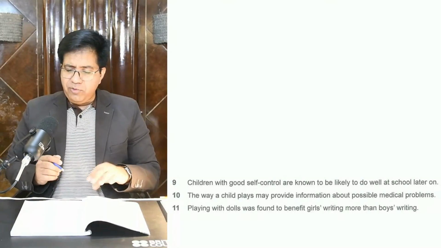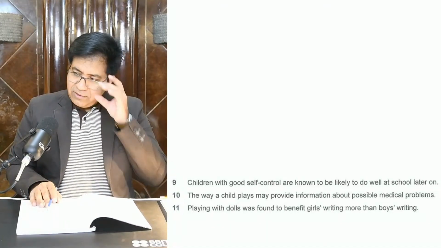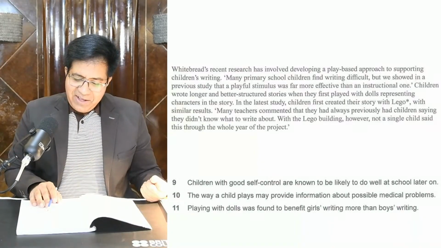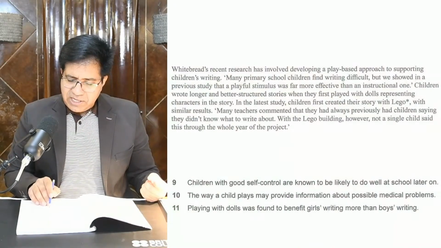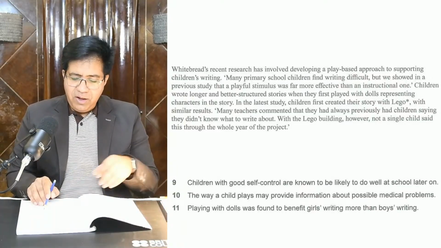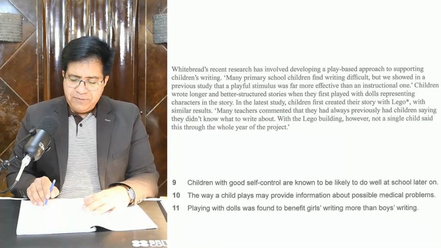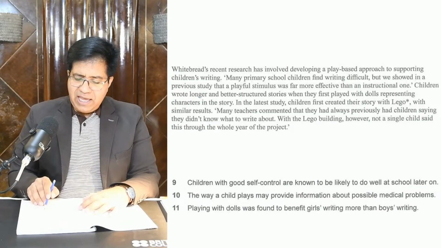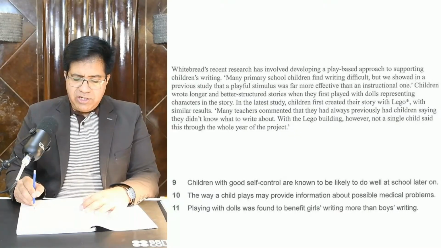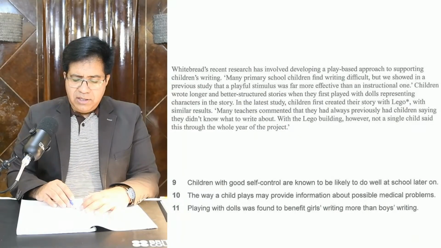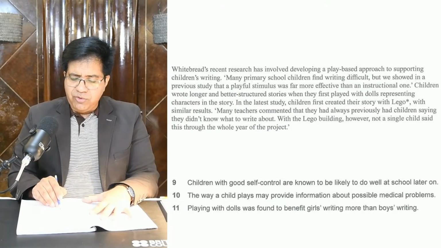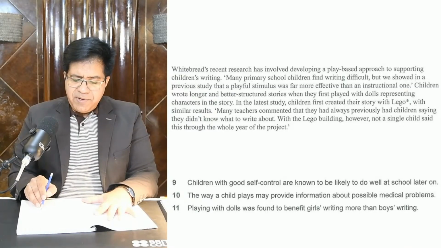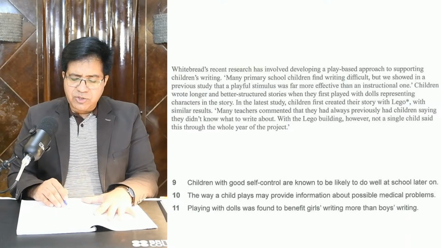गुड़िया तलाश करें, ढूंढें गुड़िया कहाँ पे है. Okay, can you see गुड़िया doll? Okay, third last paragraph, and in fourth line we have doll. Children wrote longer and better structured stories when they first played with dolls representing characters in the story.